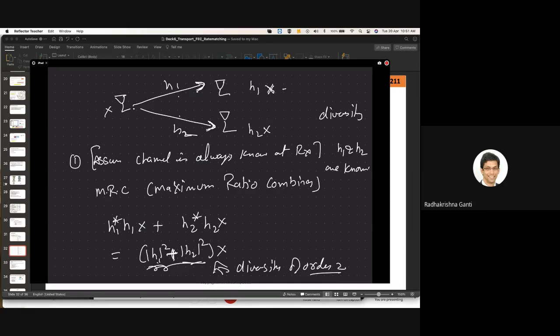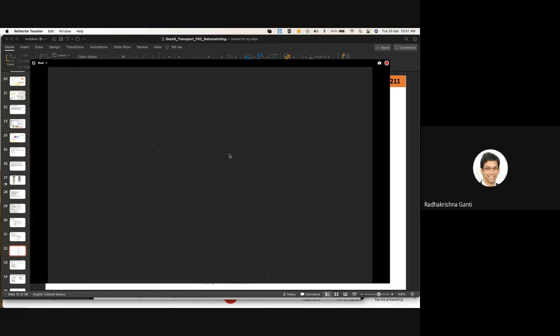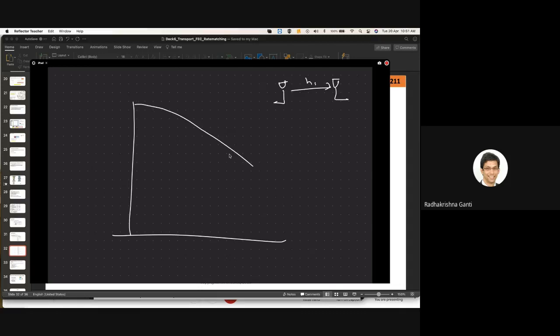So how will the BER look? Let me draw this. Suppose you have only one transmit antenna and one receive antenna, H1. The BER will fall as 1 by SNR. The slope will be 1 by SNR. I'll tell you that tomorrow. This is SNR, and this is the bit error rate, or symbol error rate, anything you can take. Suppose now you have the second case in which you also have one more antenna, H2.